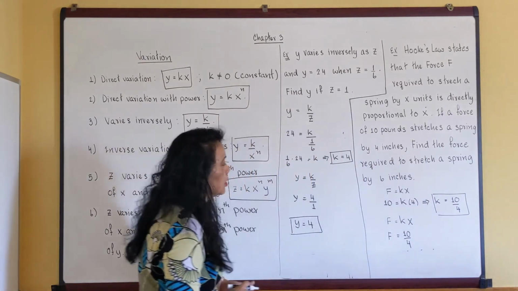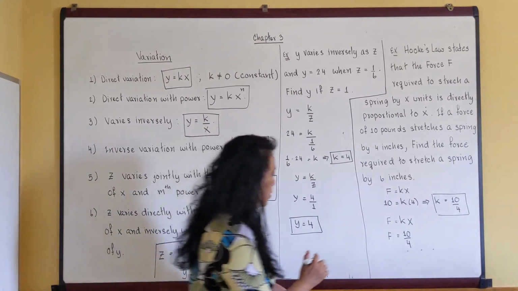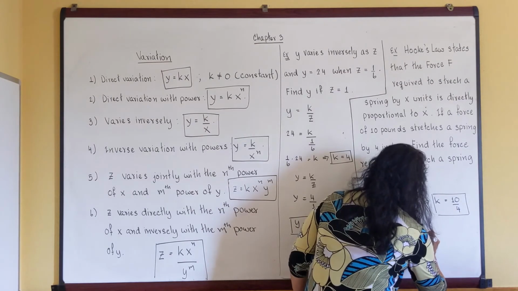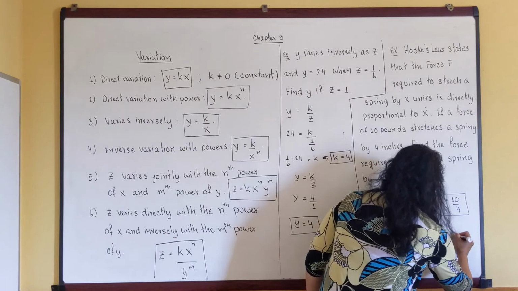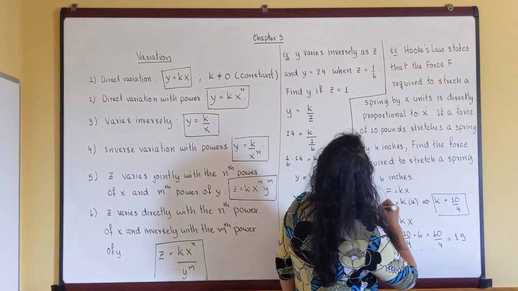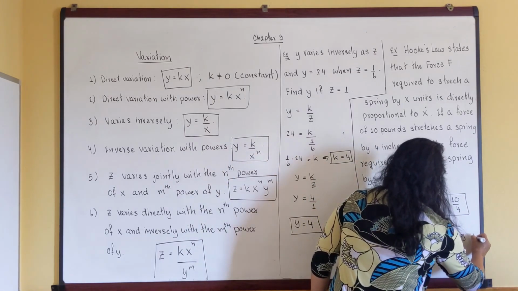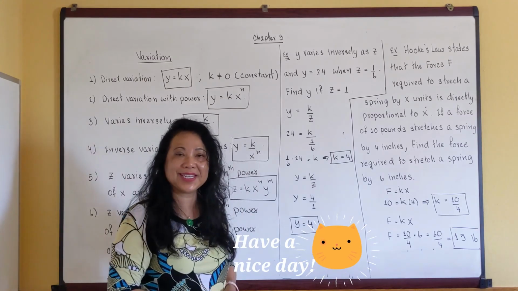Constant is 10 over 4, and we need to stretch a spring by 6 inches. So I'm going to have to put times 6 here. So it's 60 over 4 is 15. The unit here is pound. Alright, 15 pound. Alright, so we finished chapter 3.